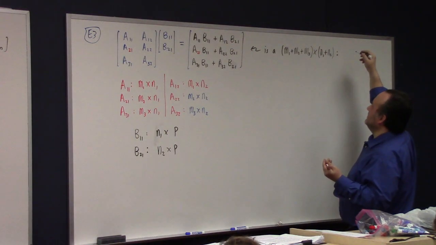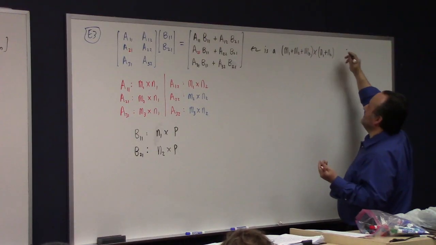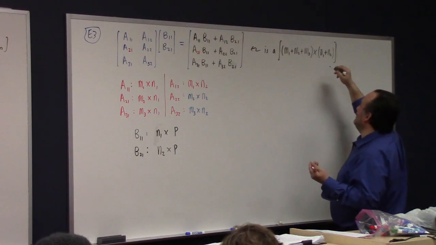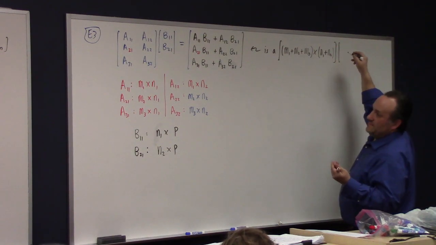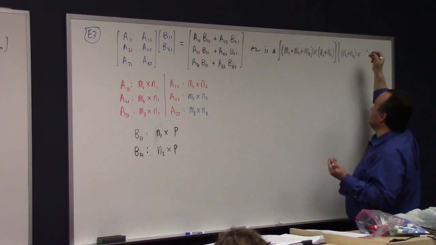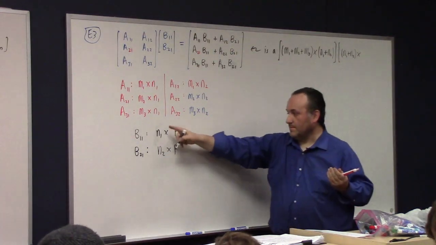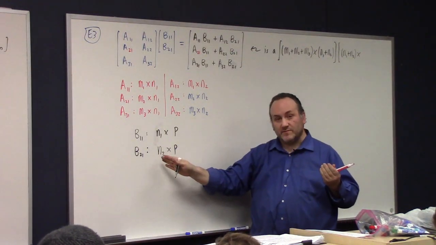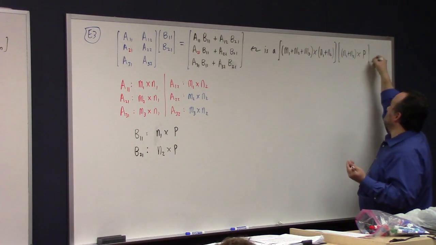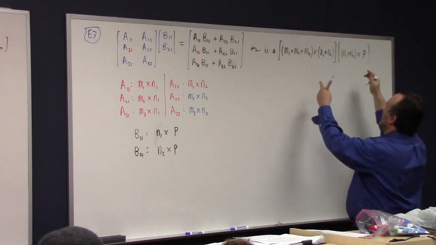My bad, I'm an idiot. So this is the A matrix. What's the size of the B matrix? It's an N1 plus N2 by what matrix? N1 plus N2 rows, P columns, right? So these have to match up.